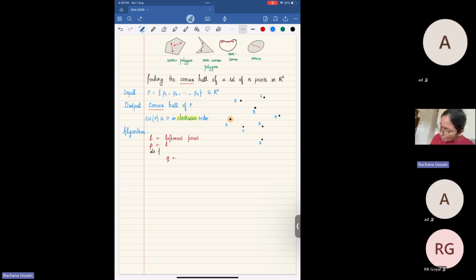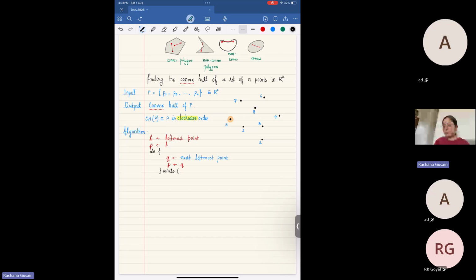And here I call another algorithm, which will return me the next leftmost point. This also I select, so I store it in Q. We will keep doing this until we reach back to the starting point, so while P is not equal to L. As long as I'm getting different points, I'll keep adding them.